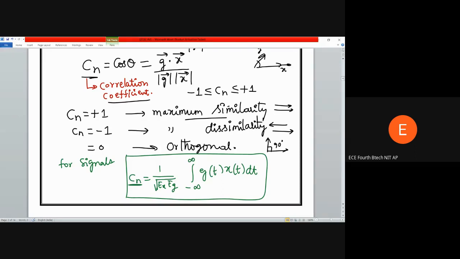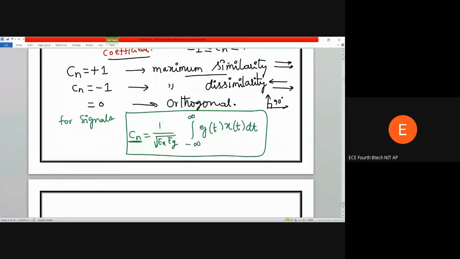Now, let us try to find out the range of this correlation coefficient for signals.